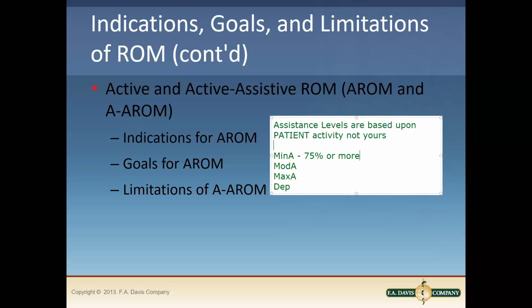Let me explain what I'm talking about here. If I'm doing active assist, minimally assisting them, I can word the question two different ways. I can word it that I am doing 10% of the work for the patient.